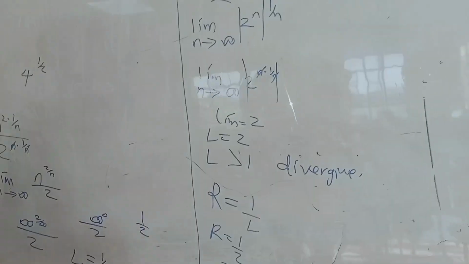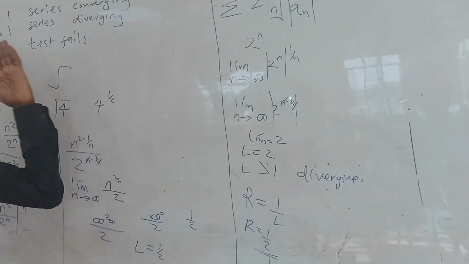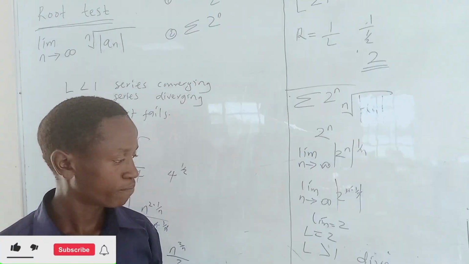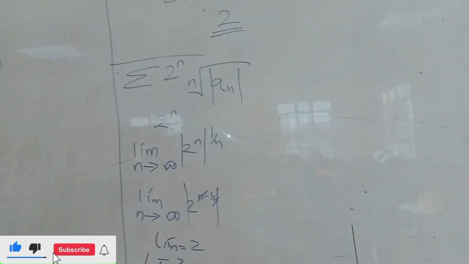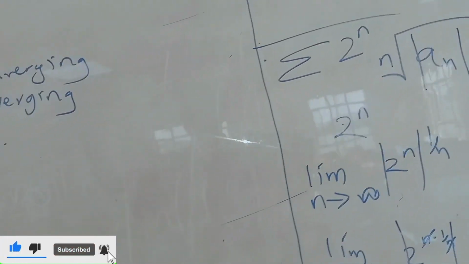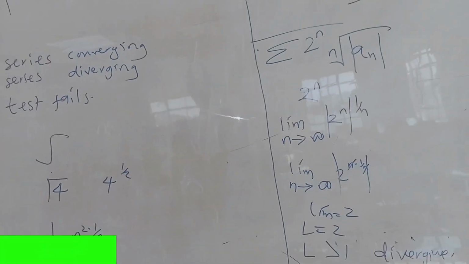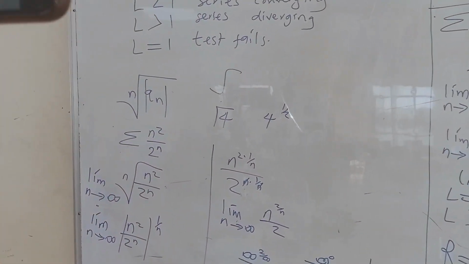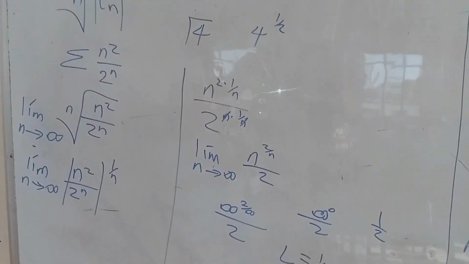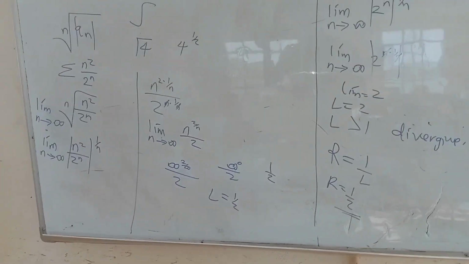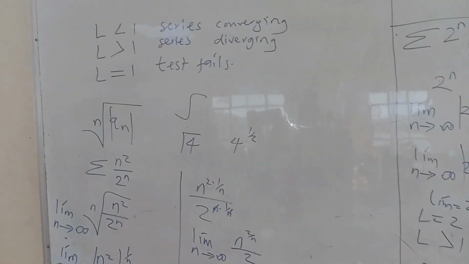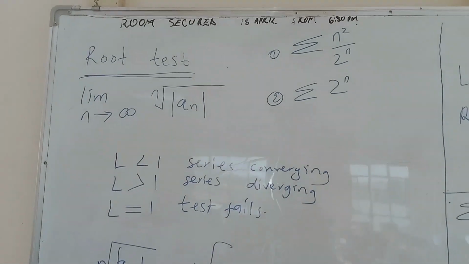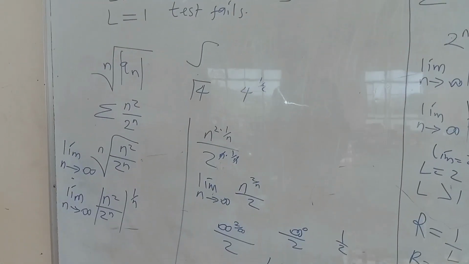So this is how to do this. It is very simple. In the next class, we shall solve other questions of this sort. This was all about the root test. I remember we dealt with the ratio test, and we found that the first example gave us a converging limit, but the other one gave us a divergence.